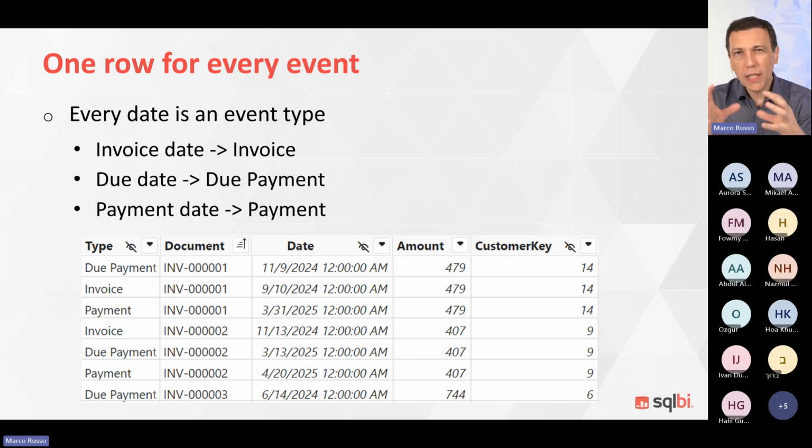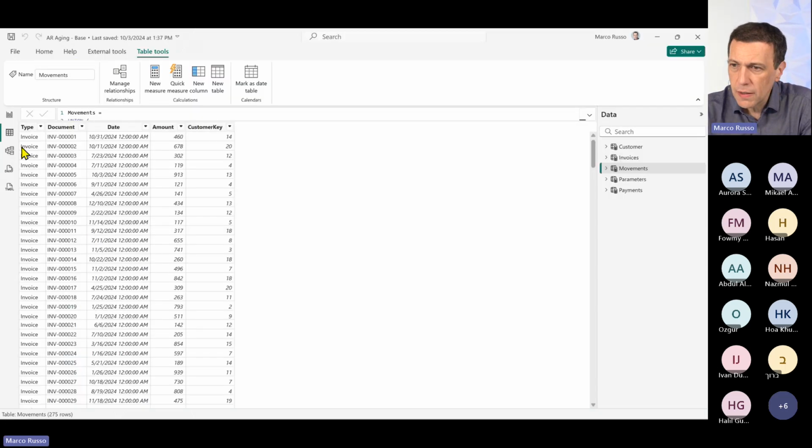So in other words, we can try to think of, okay, what if I just create a list of events in a single table? If I do that, I already have something that is easier to analyze. Let me show you what is the starting point in Power BI now, and what we want to do.